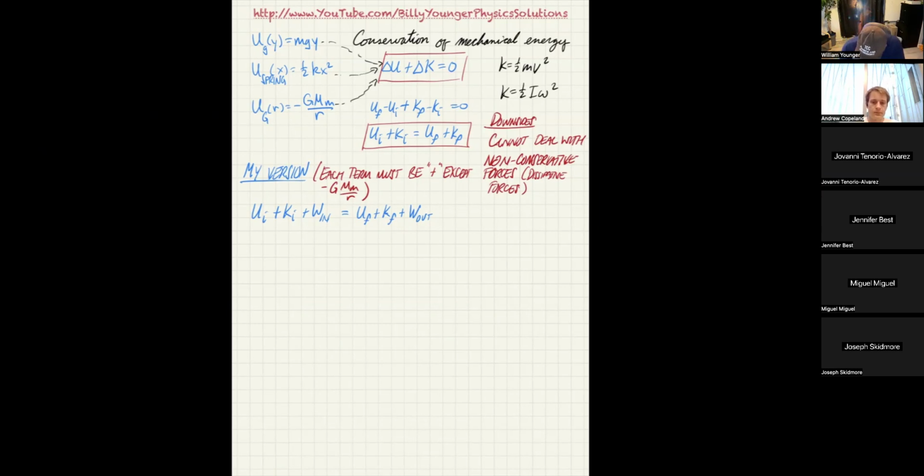So now, in addition to that, I like to add a term for dissipative force. So I also say plus E loss, again, a positive term. Now, in this case, I'm seeing E loss, and I normally reserve that for, for instance, work done against friction. But if you remember, when you do work against friction, the force of friction is pointing, let's say, to the left, while the object's actually moving to the right.